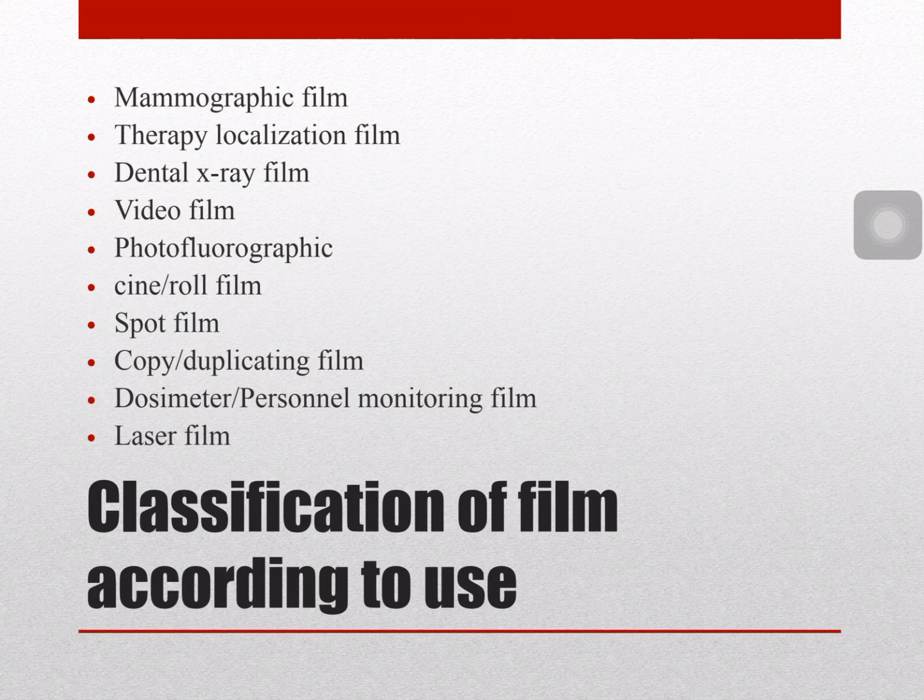There is no dark room. There is no fixer and developer solution in this type of film. It uses infrared light. Okay? So, those are the classifications of films according to use.